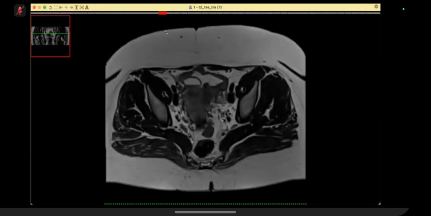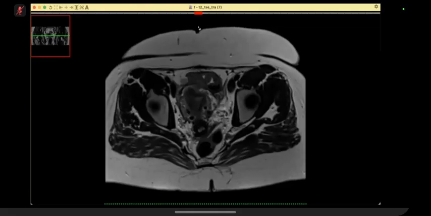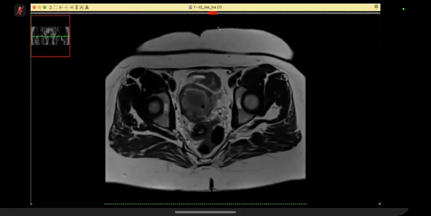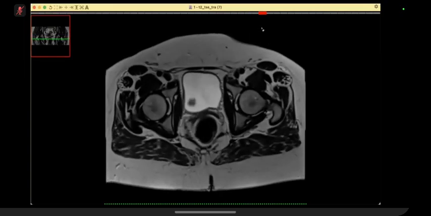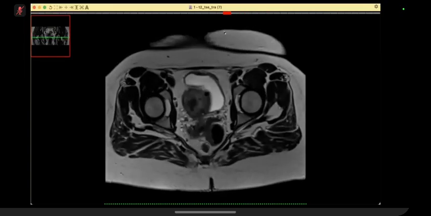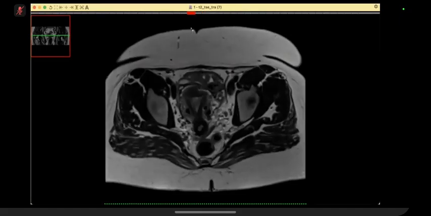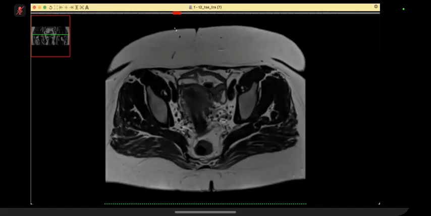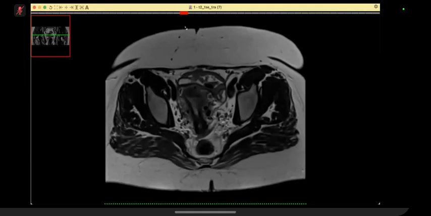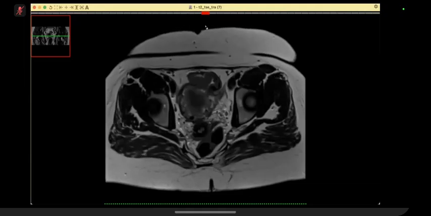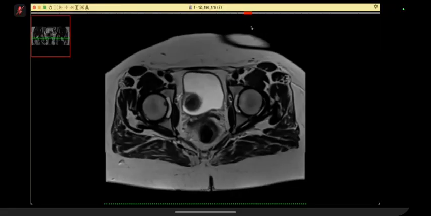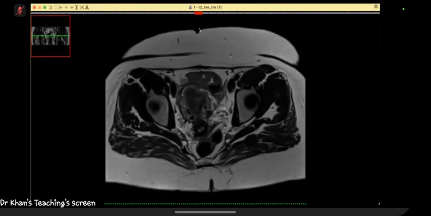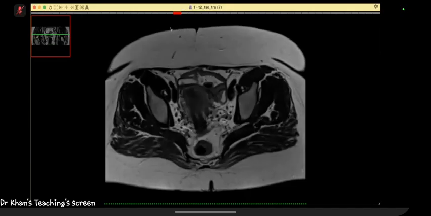Okay, what I can see is again multiple well-defined lesions. Most of them are of low signal intensity in the myometrium and the junctional zone.